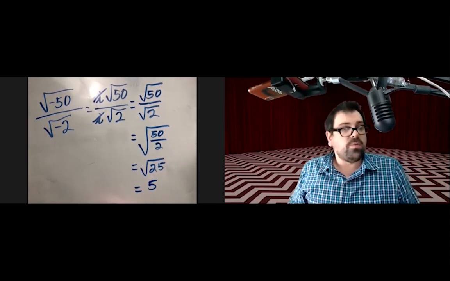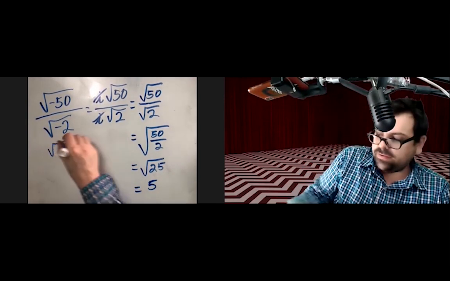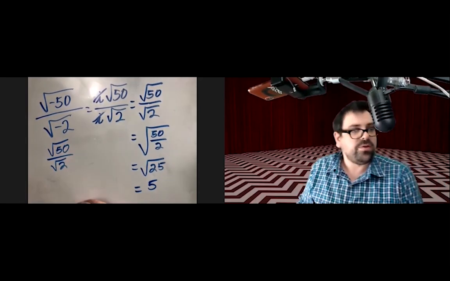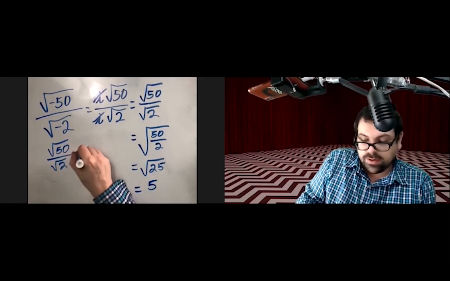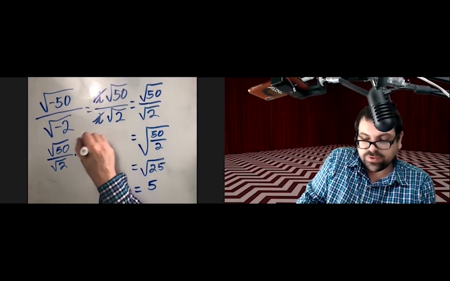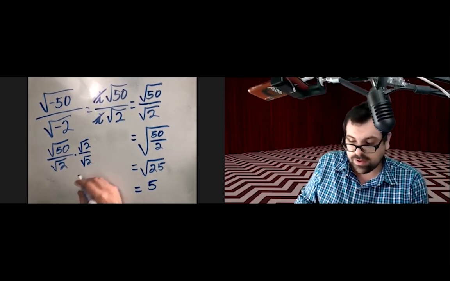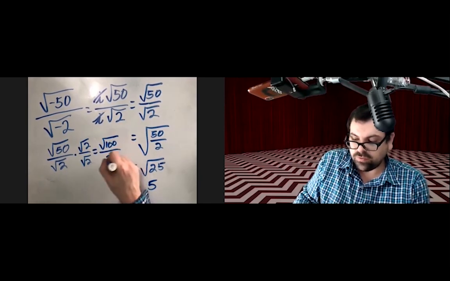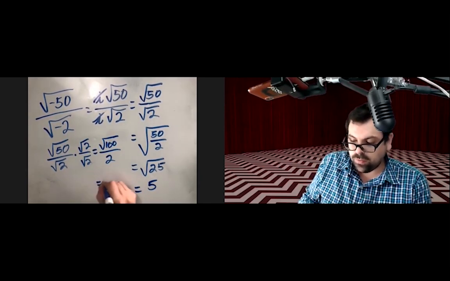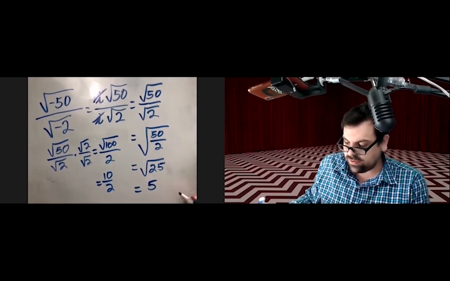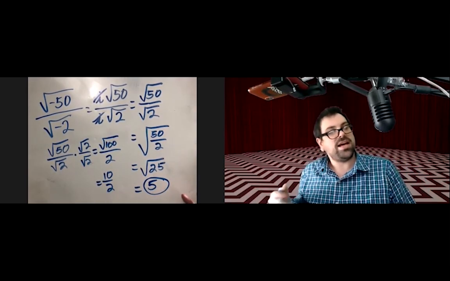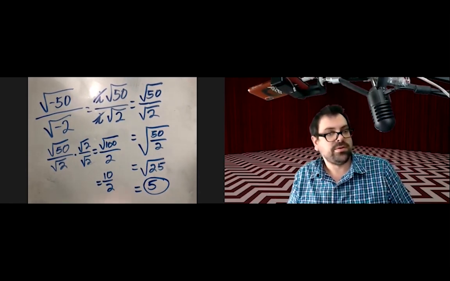I said don't worry about rationalizing or anything, but from this step, from radical 50 over radical 2, what if you did rationalize? Multiply by the square root of 2 over itself. That would be the square root of 100 over 2, which would be 10 over 2, which is also 5. Rationalizing gets us there as well.